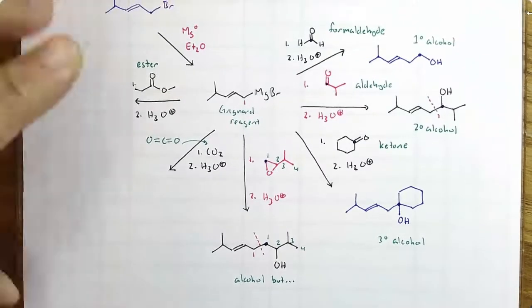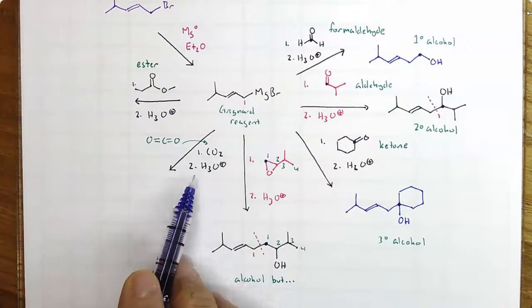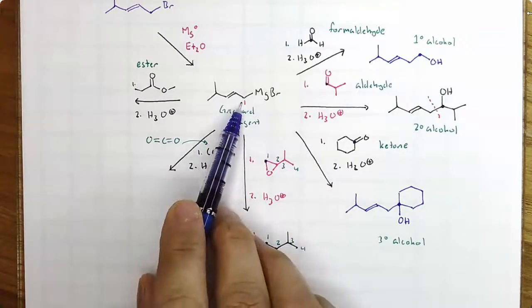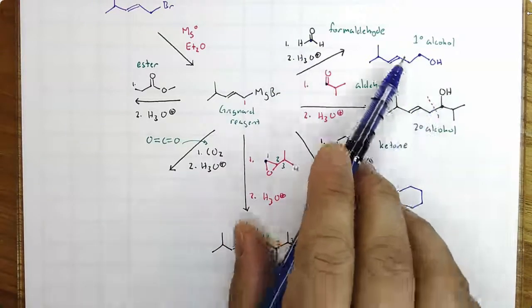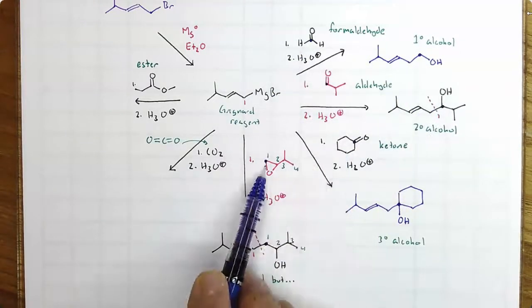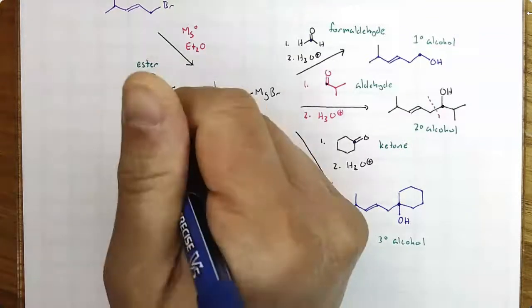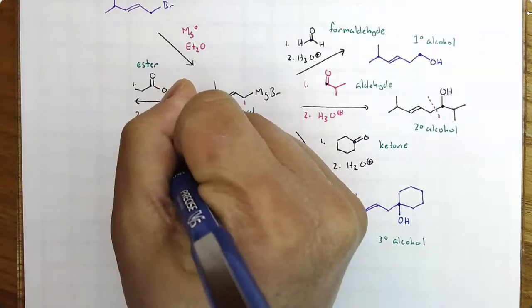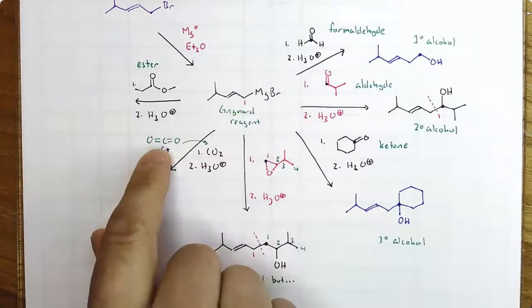Okay. The next one, you may or may not have seen, is carbon dioxide. Remember how I said that this carbon is partial negative? But all of these other carbons, the ones with the blue dots in the reagents, those are all partial positive. Well, we have a partial positive carbon right here as well. So that Grignard reagent is going to attack this carbon here.